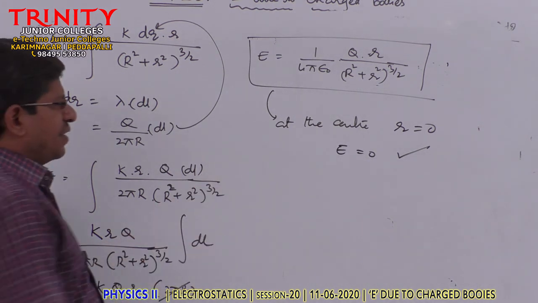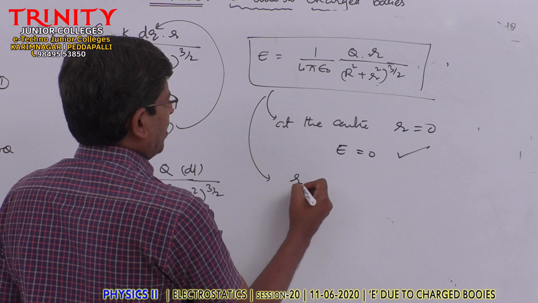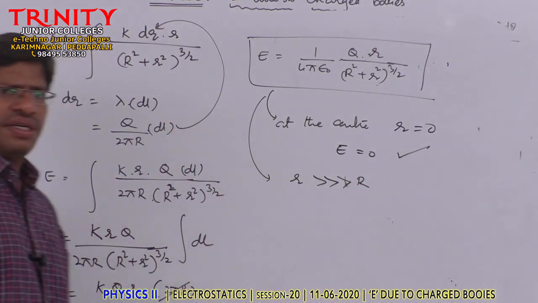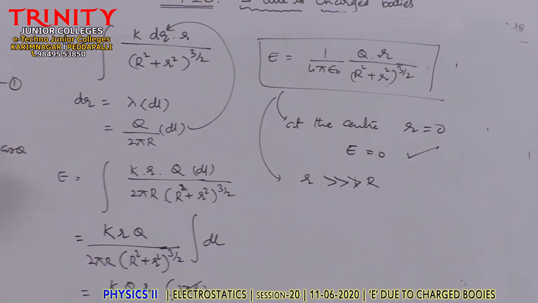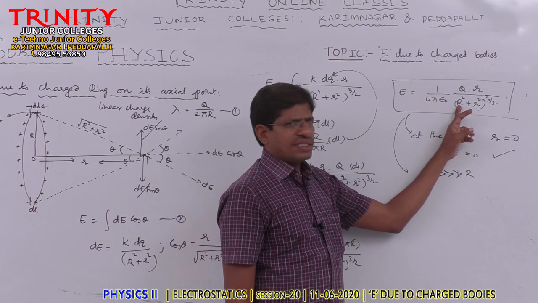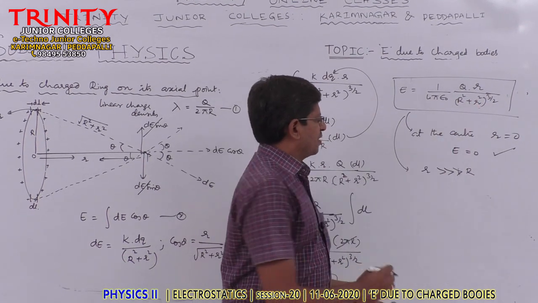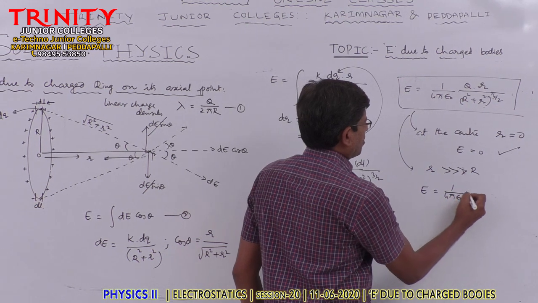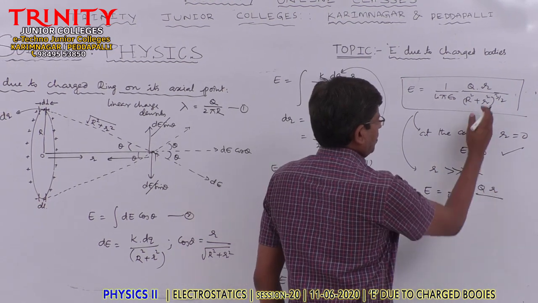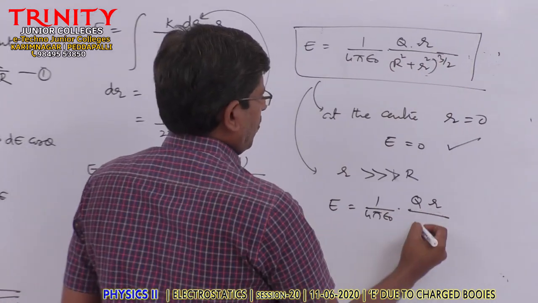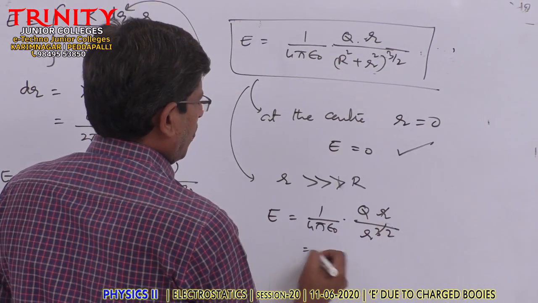And not only this, another point you can make is when r is much greater than r. That means, what is the meaning of that? The point is at very long distance from the center. In that case, you can neglect this r square compared to the r square. Then what you will end up with is 1 by 4 pi epsilon naught q r by, as I said r is much greater than, this is negligible, therefore you will get r cube, you will get r square.